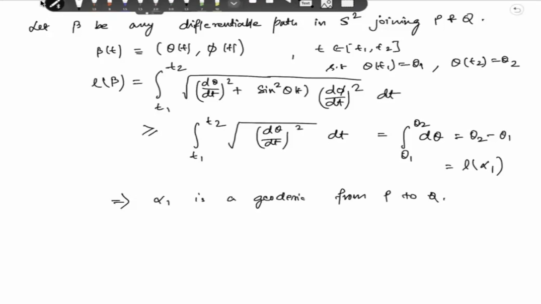Now observe that if I have taken this theta 1 to be equal to 0, theta 2 equal to pi. So let me draw this picture.